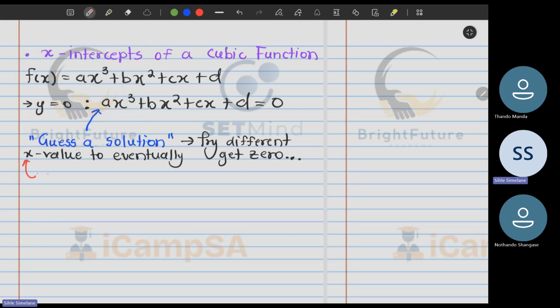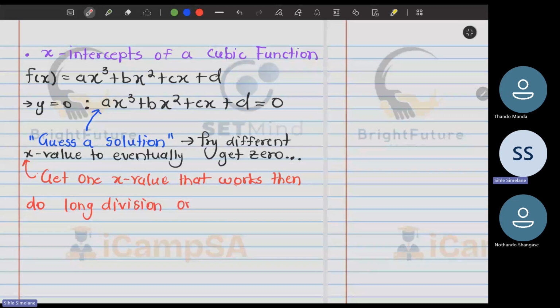So here, what you need to do is get one x value that works. So we get one x value that works, and then do long division or use other methods.